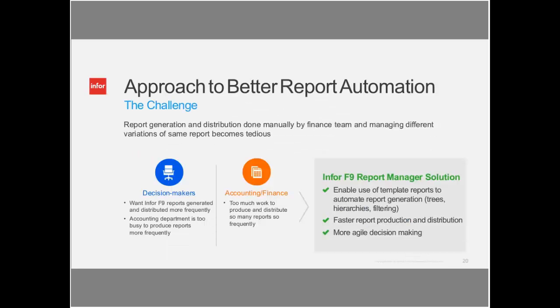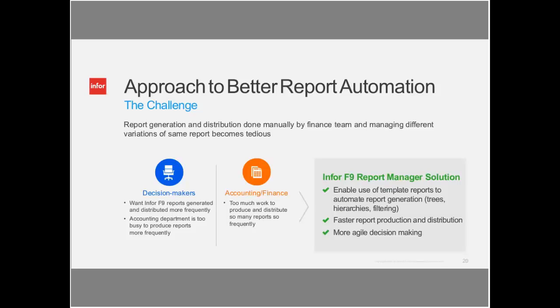The challenge really is it's a lot of work to run and distribute a large number and combinations of the same report. So I've got a P&L that I have to run for 50 different departments and send out those variations to different people. And also I want to use a tree type hierarchy.